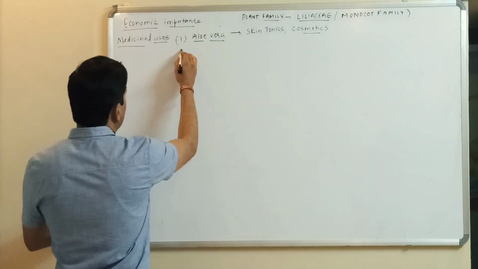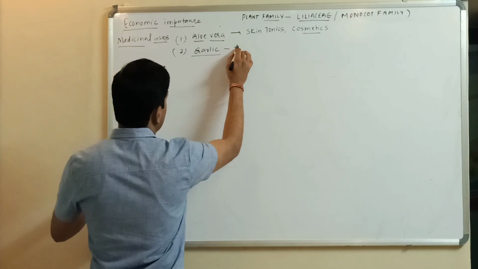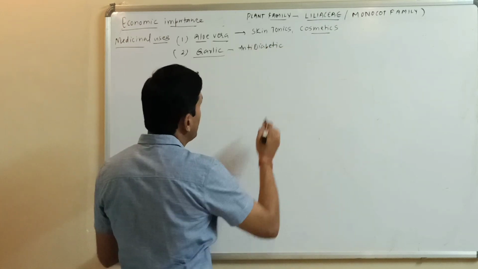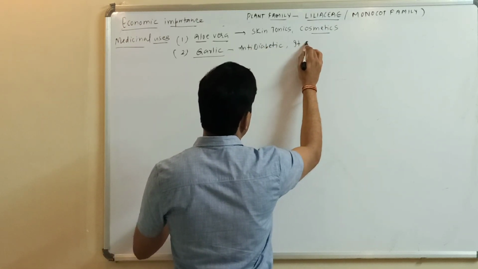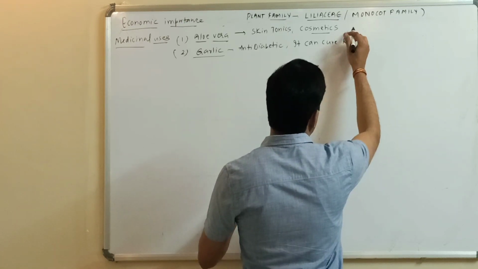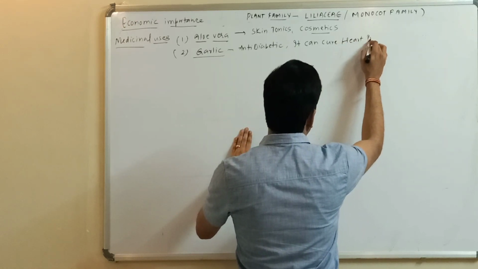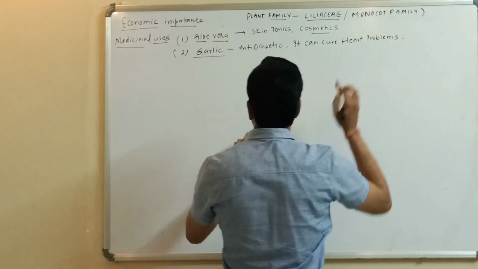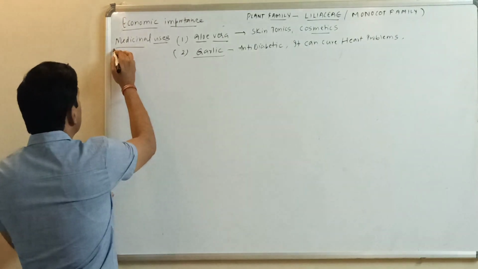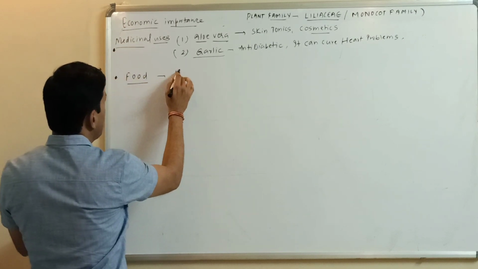Okay. The second one is garlic, which is anti-diabetic. Okay. It can cure rheumatoid. That is, it may cure. We can say it as heart problems. Okay. So these are the two plants which are associated with the medicinal uses. The second category is the food. In the form of the food, two plants are used.